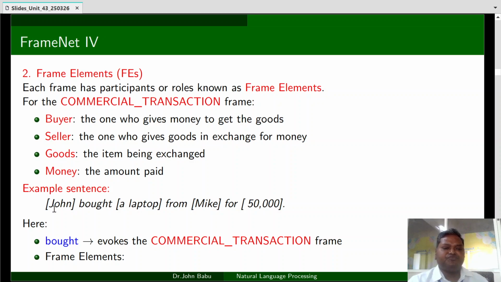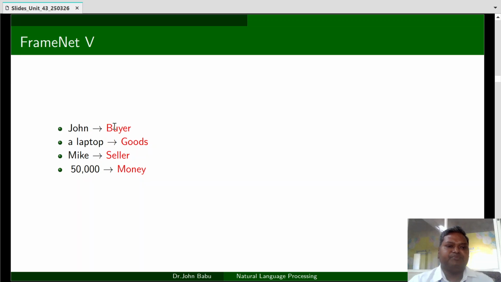For example, in the sentence, John bought a laptop from Mike for 50,000, bought is the verb predicate which will evoke the commercial transaction frame. And the frame elements in this sentence are John, the buyer, laptop, the goods, Mike, the seller, and the money, 50,000.